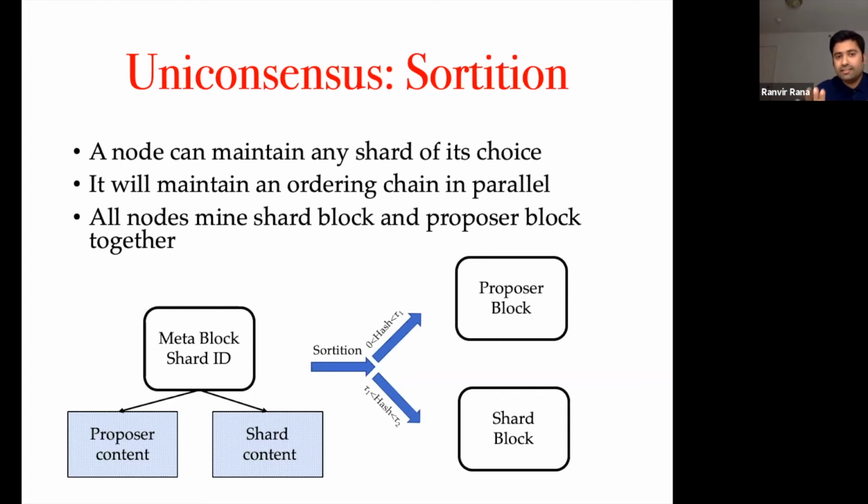Now, this is different from, for example, Monoxide, which also claims to do proof of work identity-free sharding. But in Monoxide, a node can mine on multiple shards at once. A single successful mining can lead to the creation of blocks on multiple shards, which is something we don't allow because we want scalability. We assume that a single node can only maintain one shard at a time.